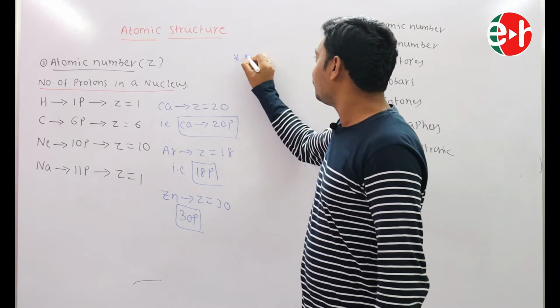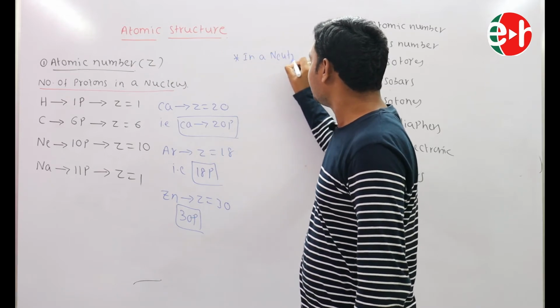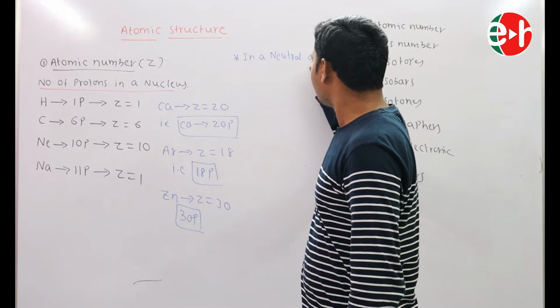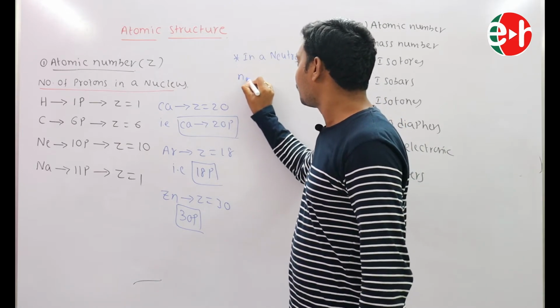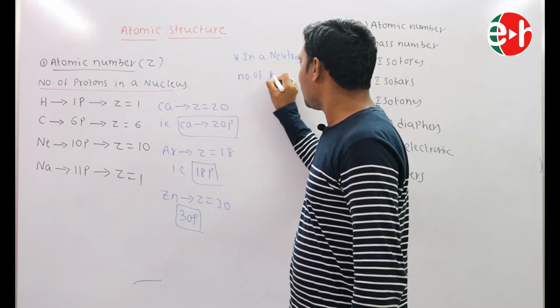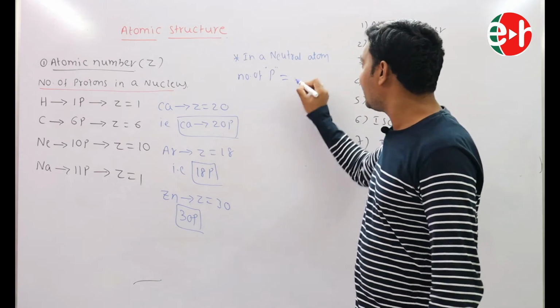Here remember one thing: in a neutral atom, the number of protons is equal to the number of electrons.